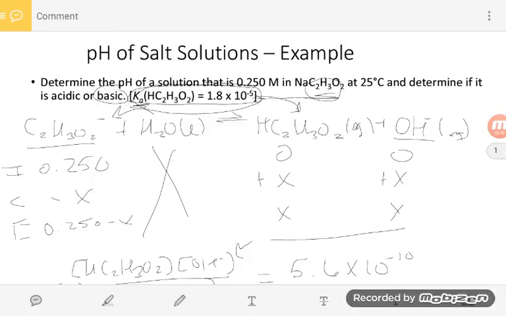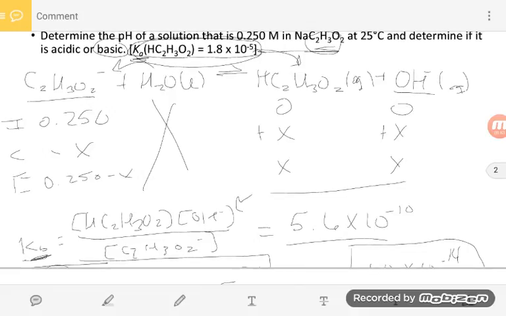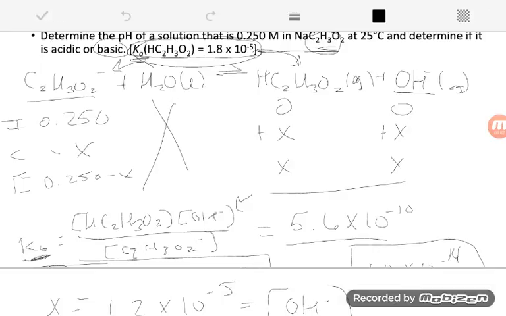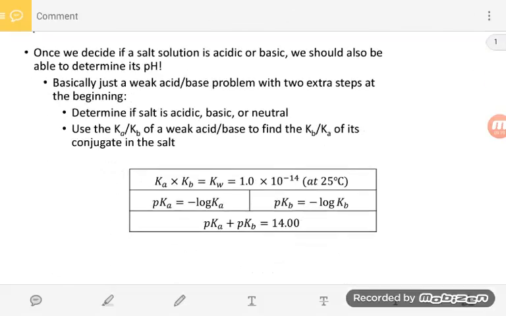So we can see pH of a salt solution, really, really similar to our weak acid or weak base. 2 extra steps. First, decide if it's acidic, basic, or neutral. Then you take that acidic or basic part and do a weak acid or base problem. And the second thing we need to do is figure out the Ka or Kb based on the Ka or Kb that they gave you. So remember, these are conjugate pairs.